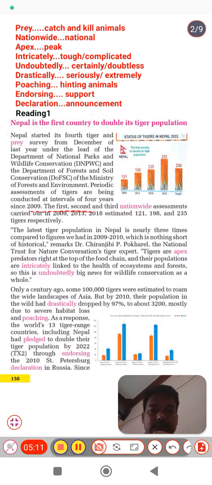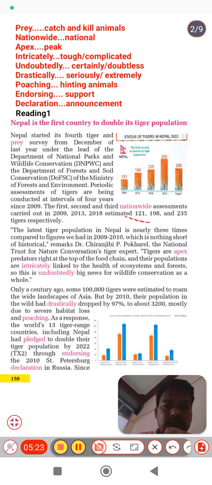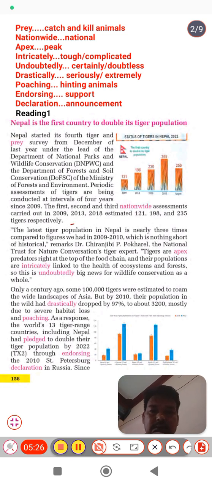The first, second, and third nationwide assessments, carried out in 2009, 2013, and 2018, estimated 121, 198, and 235 tigers respectively. According to the survey, three surveys have been done so far, that are 2009, 2013, and 2018.